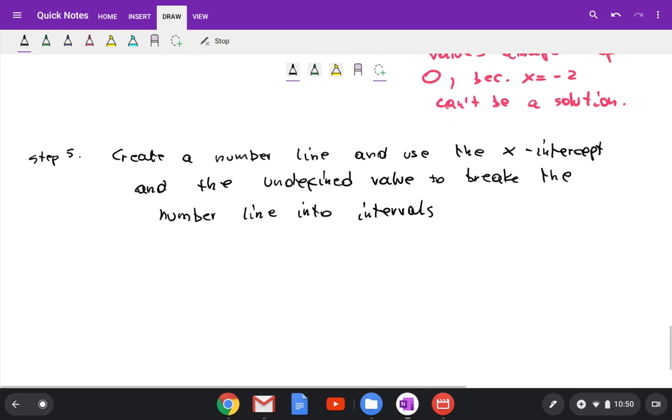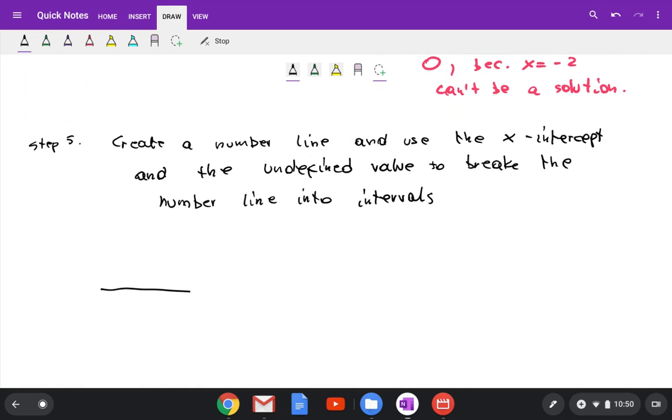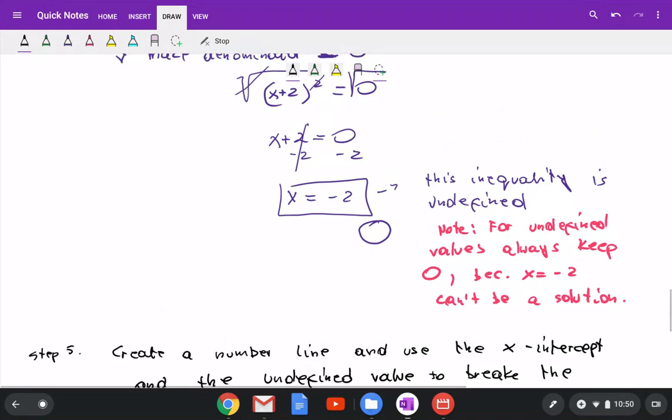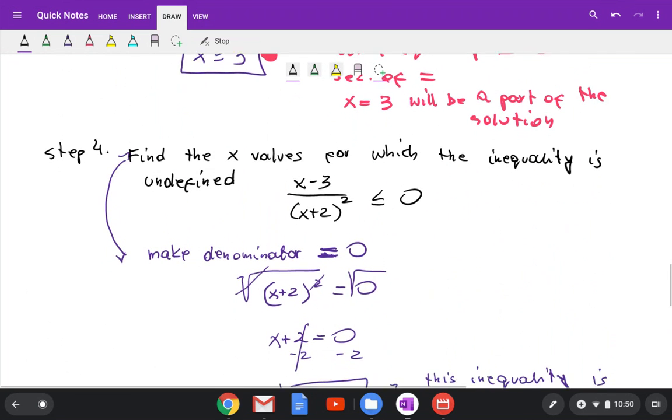Okay, so what we're going to do, don't forget that you're solving rational inequalities. So rational inequalities, that's in terms of x values. On the left side you have negative infinity, on the right side you have positive infinity. Now our x-intercept was 3, x equal 3.